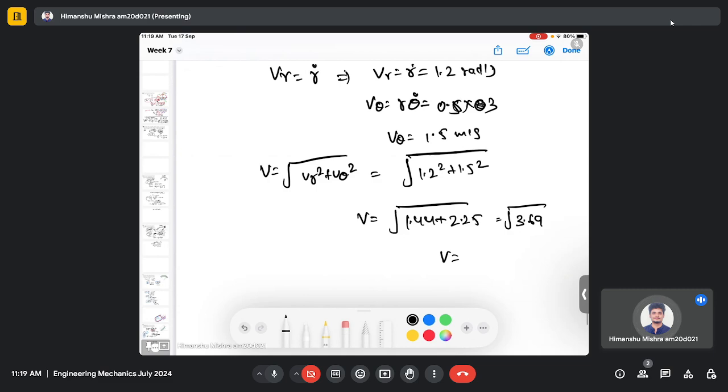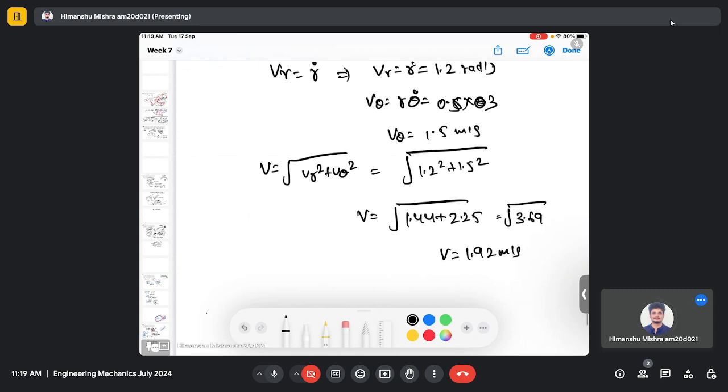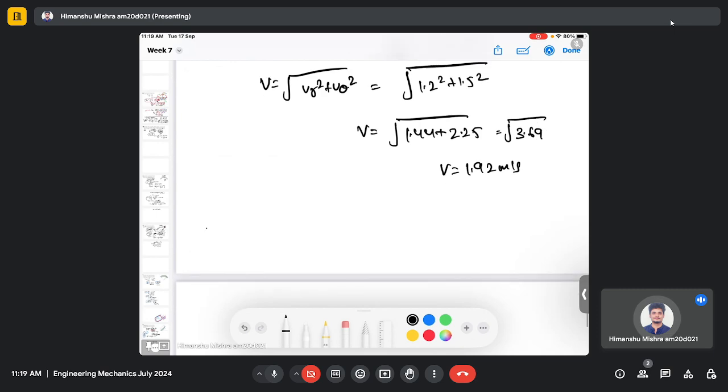So on calculating, I will get magnitude of velocity 1.92 meter per second. And in a similar manner, we can calculate the magnitude of radial acceleration and the angular acceleration.